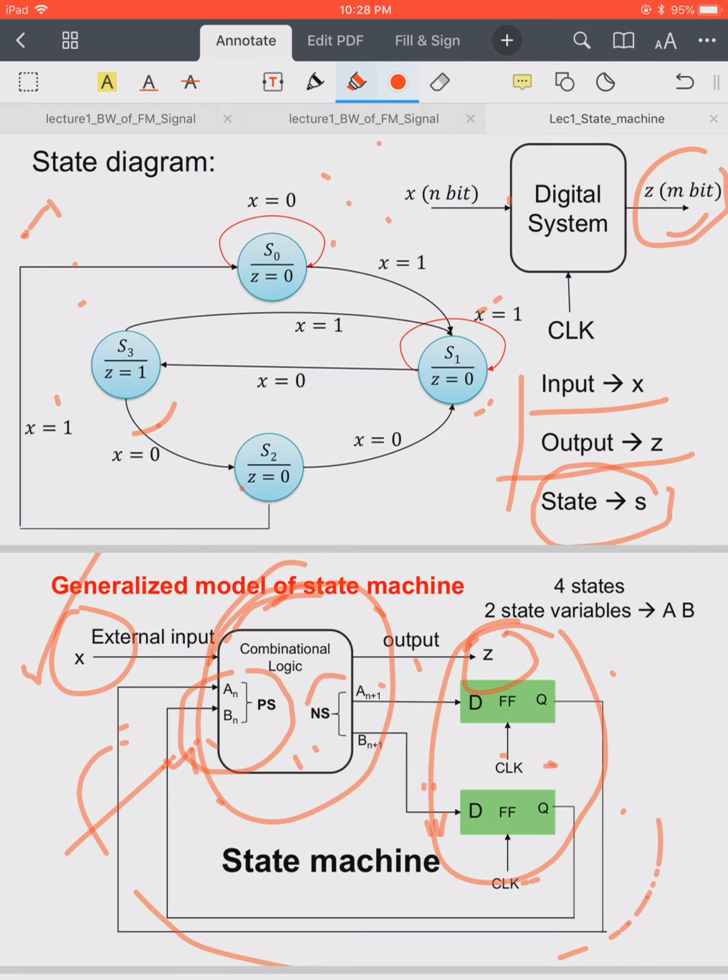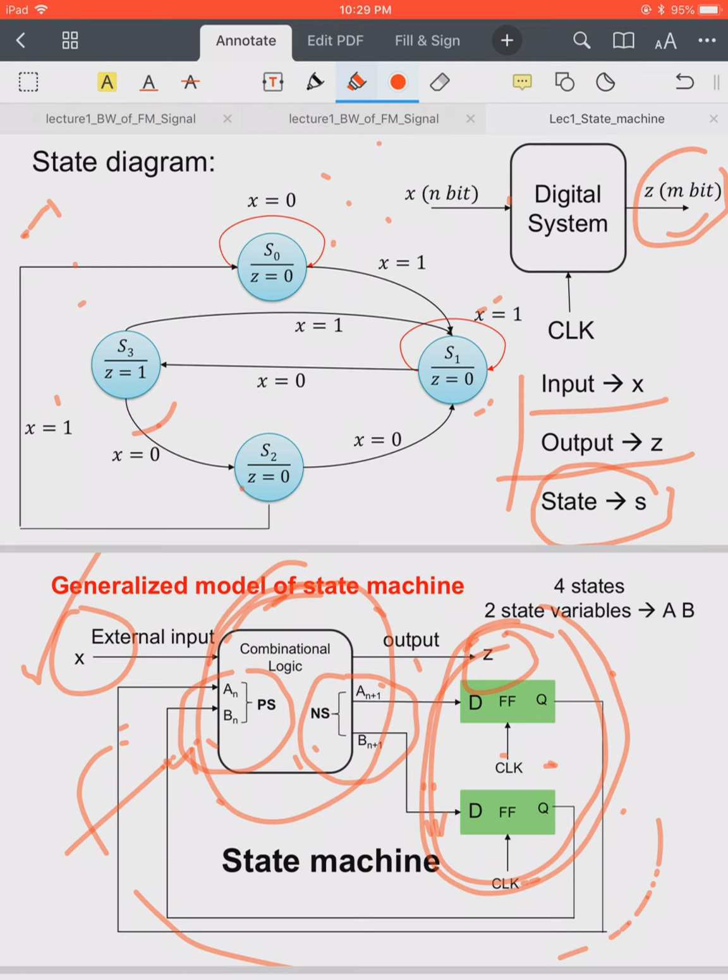But the next state becomes the present state, the system goes from the present state to the next state, based on this sequential logic, based on the clock triggering. Okay, so you can understand, right?